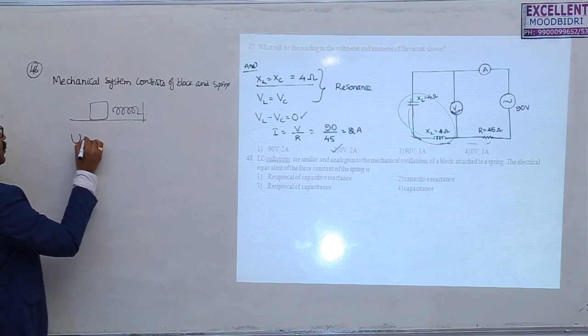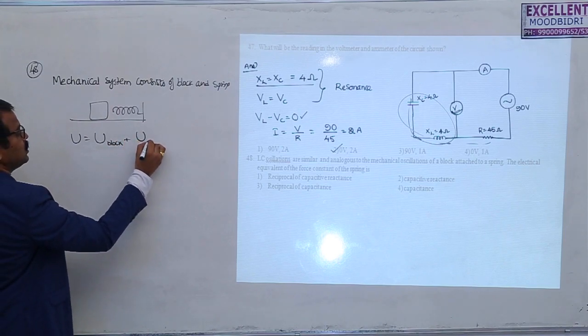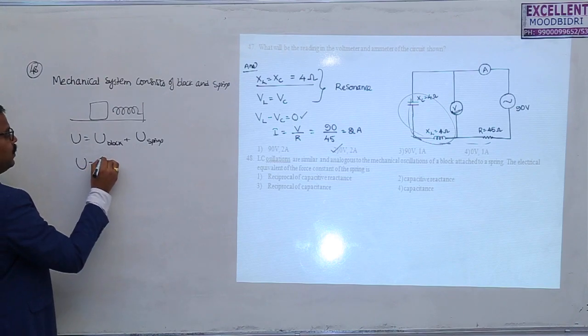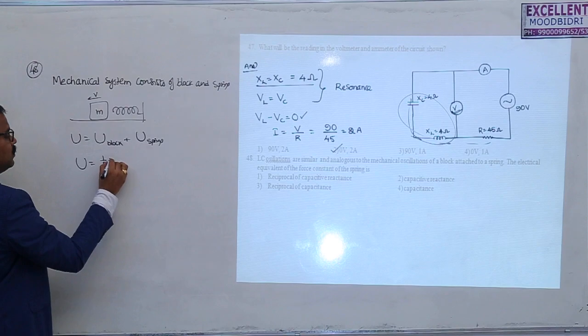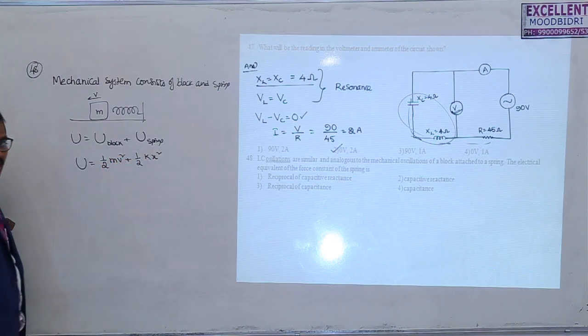So the total energy of this system is the energy gained by the block plus the energy given by the spring. If the mass of the block is m and it is moving with velocity v, its energy is half m v square, and the spring energy is half k x square.